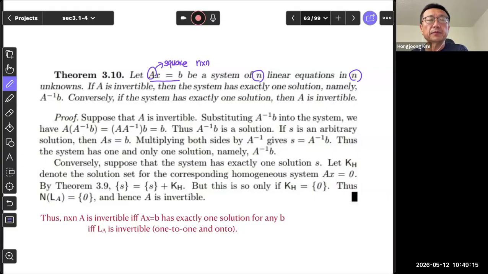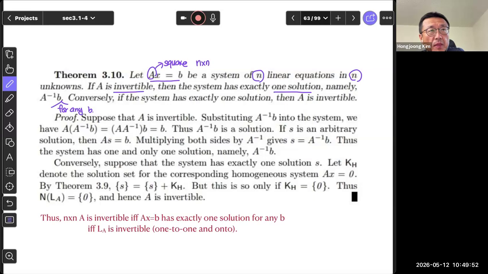Now, if A is invertible, then the system has exactly one solution for any B. And conversely, if the system has exactly one solution, then this A will be invertible. Okay?